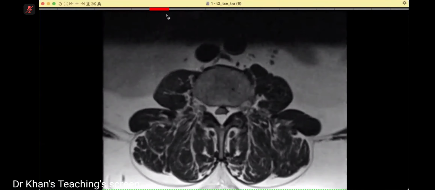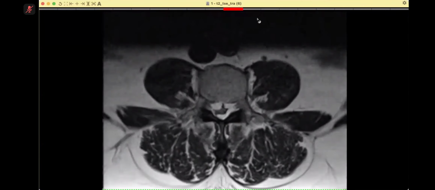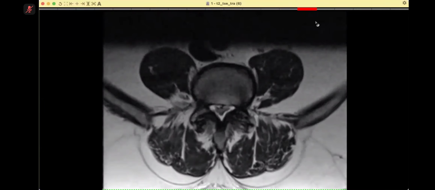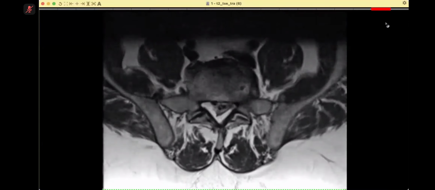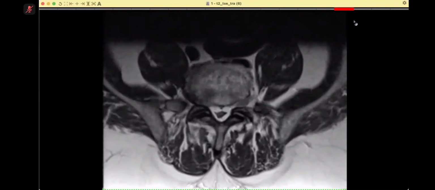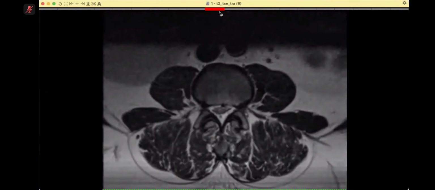Okay, sir. Sir, as I move down, the thecal sac is empty and nerve roots are clumped together. And I would like to confirm this on post-contrast images. Post-contrast, there was no enhancement.